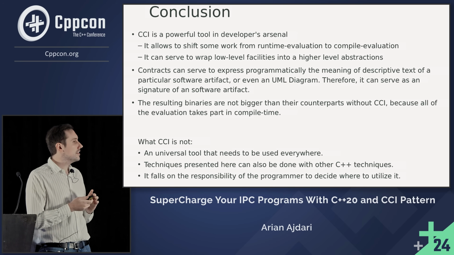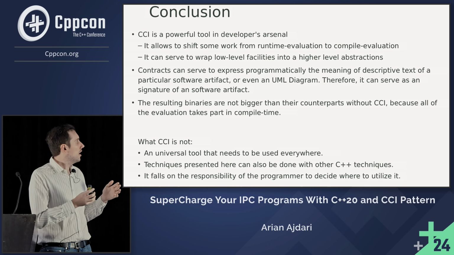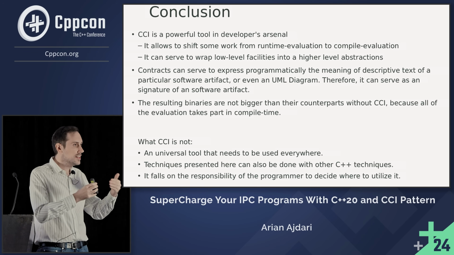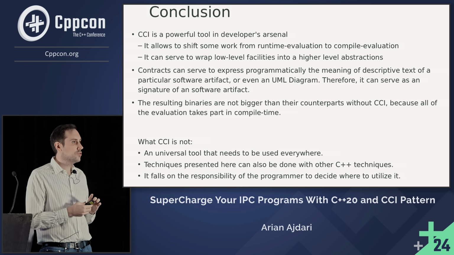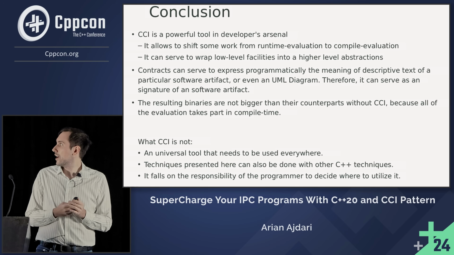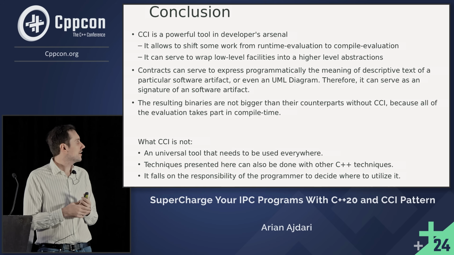We also noticed that contracts can serve to express programmatically the meaning of the descriptive text of a particular software artifact. So for example, if you have a UML diagram, and if you really get into the contracts and try to force it as much as possible, I think that you can pretty successfully describe even a UML diagram. Therefore, it can serve as a signature of a software artifact.